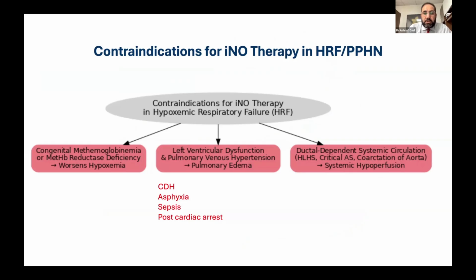So echo is very important, but we still can try nitric oxide until we have an official echo or a very detailed study of the baby, or we can entertain these diagnoses if the baby does not really respond well to nitric oxide. We also have to assure that the left ventricle is functioning well to prevent pulmonary edema and pulmonary venous congestion, which can manifest as also PPHN.